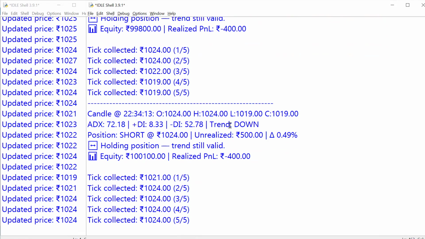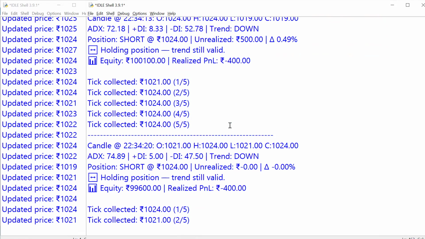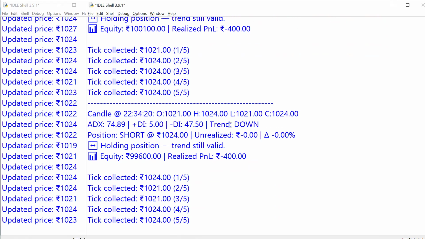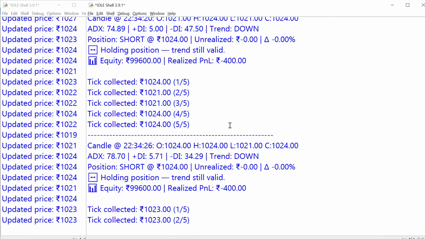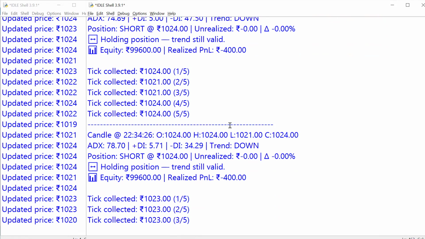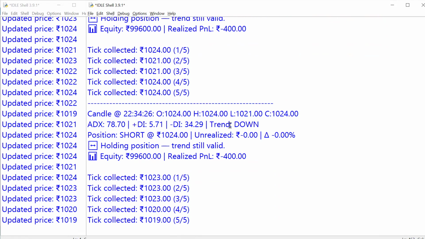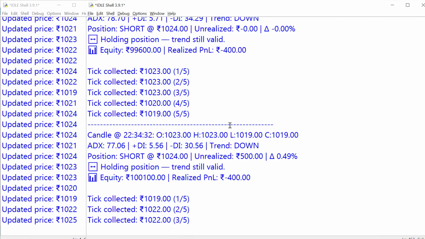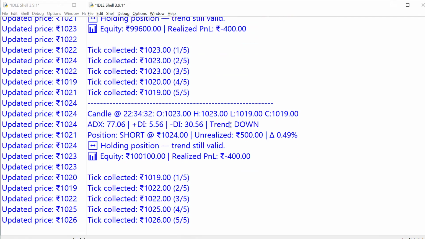The trend is still down because minus DI is higher than plus DI. ADX is very high. We have taken a short entry at 1024.